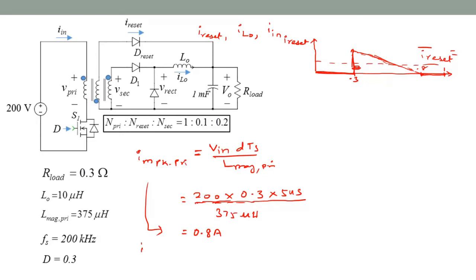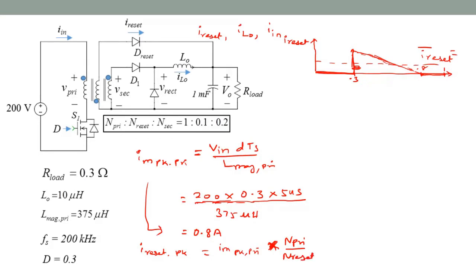Okay, then you need to refer this to I reset peak, which would be this I mag peak on the primary side, times, since you are referring a current, which has an inverse relation to the voltage, simply N primary over N reset.